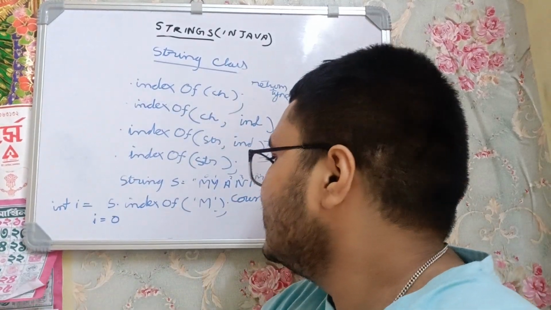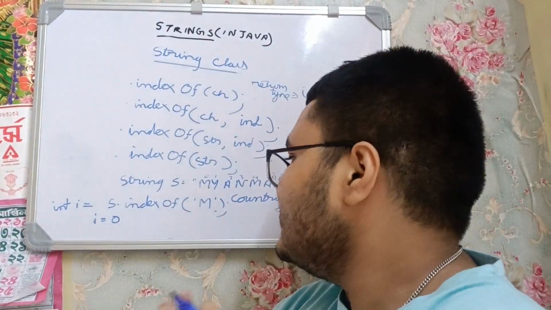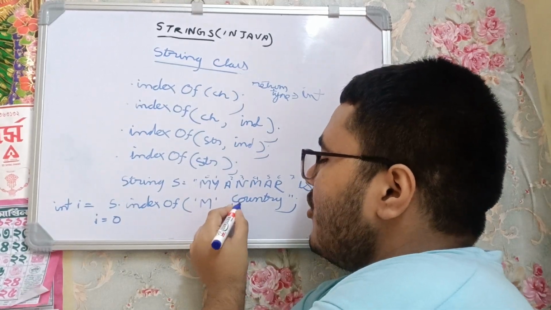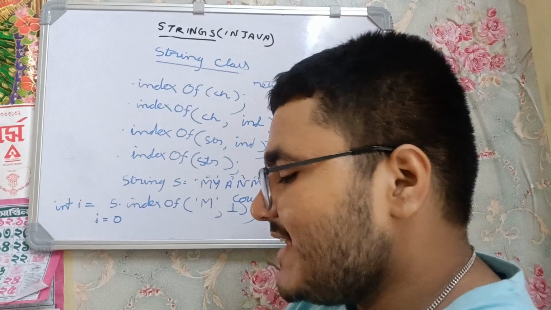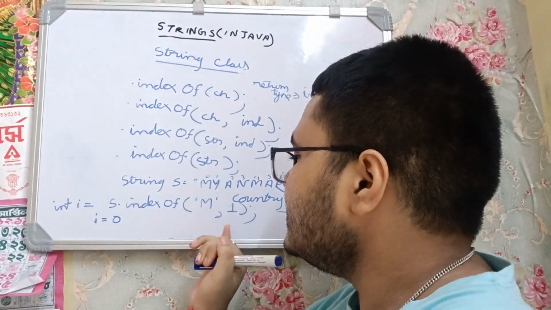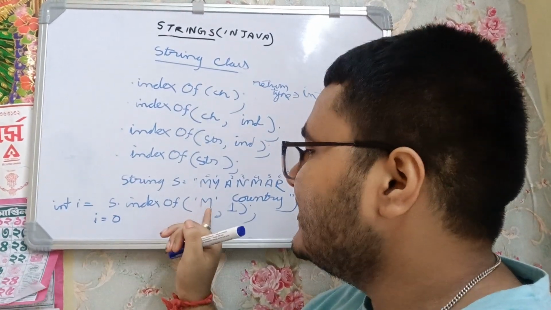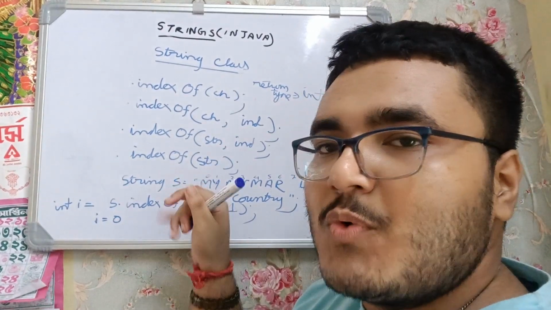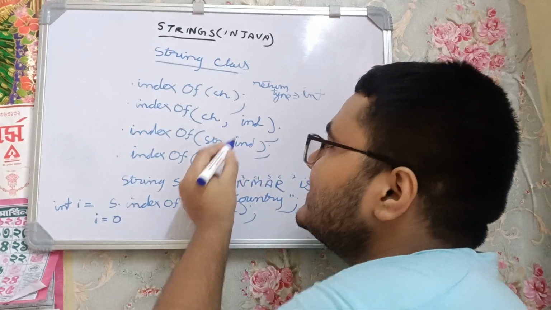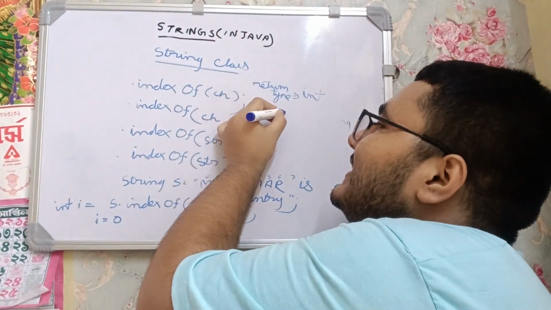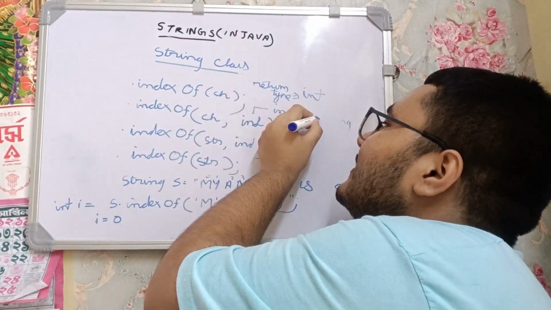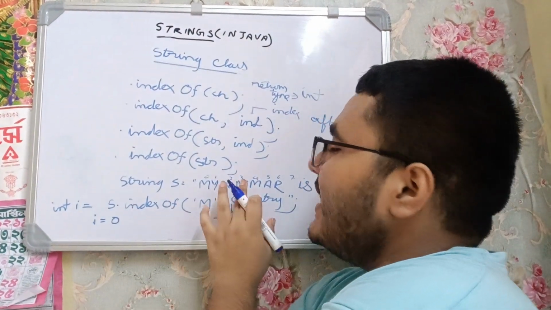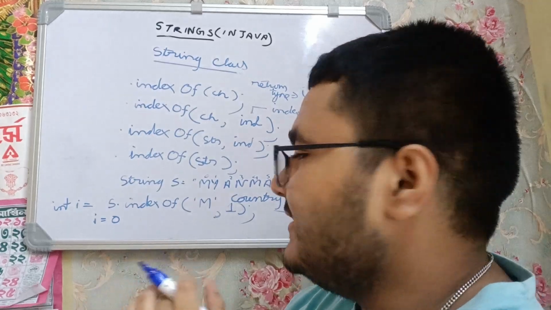Now if you want the index of the second m, you need to pass another value. Basically, if I write 'm', 1, that means I am saying find me the index of m which appears after index 1. So after this index, wherever m is present, return me that index.